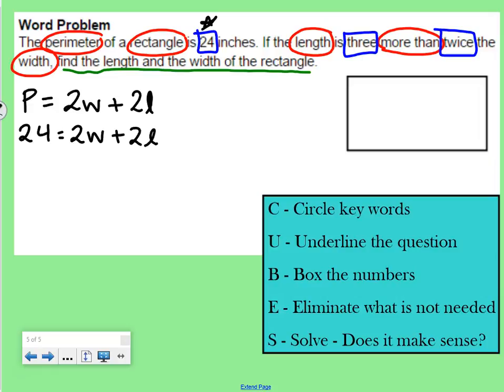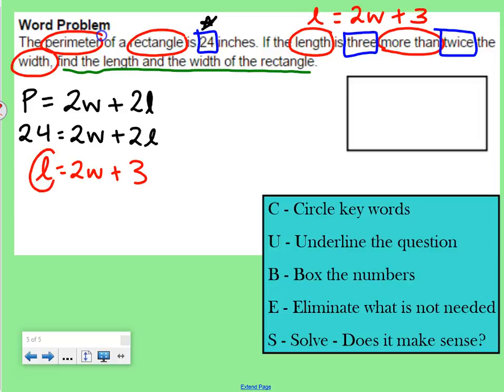That's one of our equations. Second one, the length, L, equals. 3 more than means we're adding 3 to twice the width. Twice the width means 2 times w. So that's our second equation. L equals 2w plus 3.